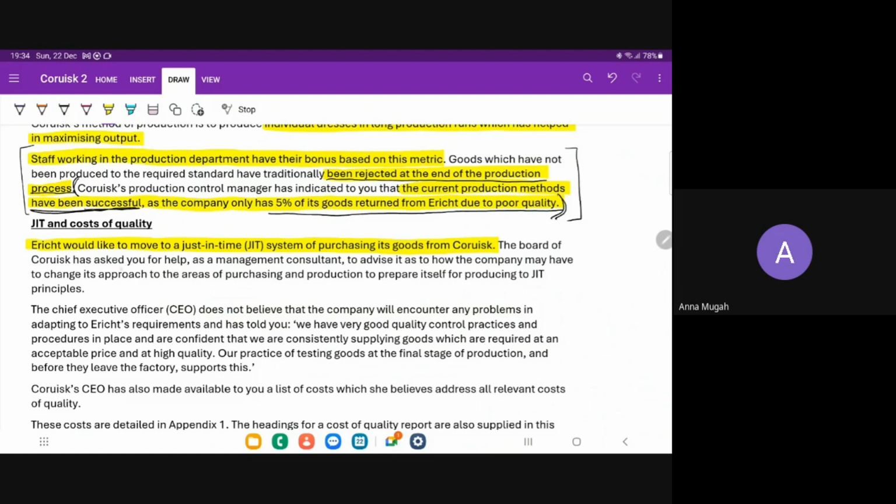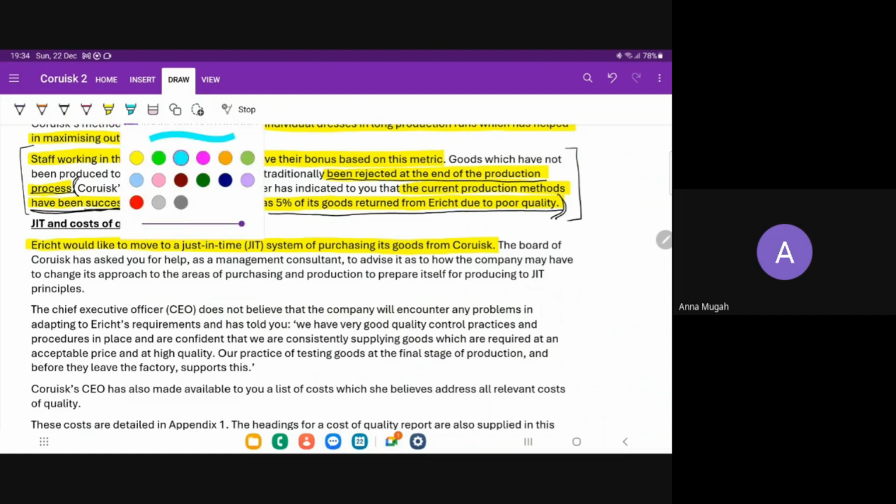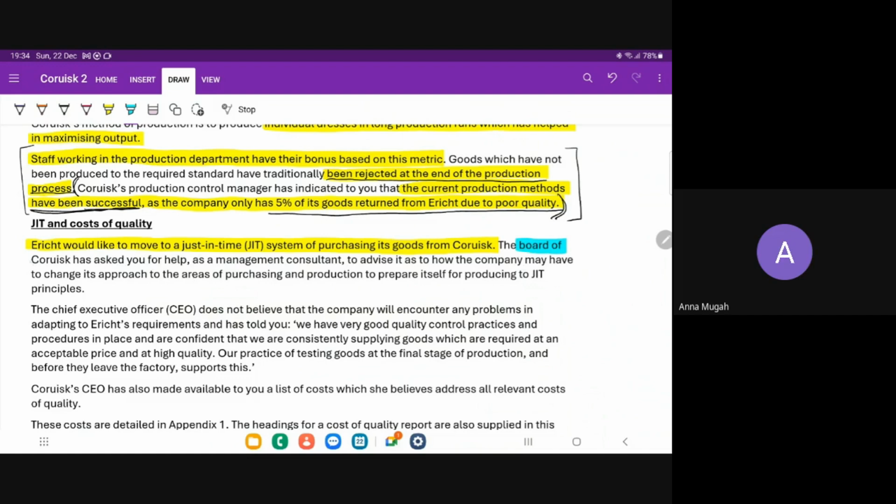The board of Corsick has asked you now. This is an extremely important statement. The board of Corsick has asked you for help as a management consultant to advise it as to how the company may have to change its approach to areas of purchasing and production to prepare itself for producing to JIT principles. Now, this is actually the requirement from the question.